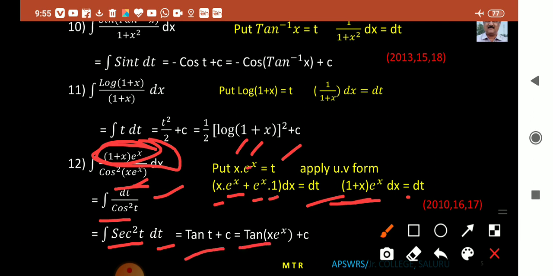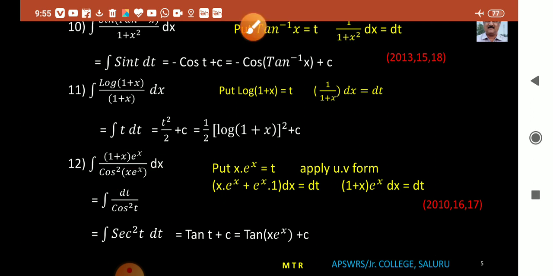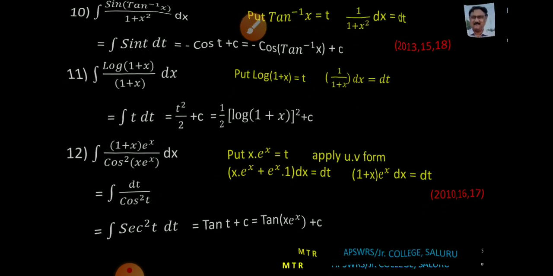Put t as x into e power x. Okay, so this is a most important problem in our IPE. Integral 1 plus x into e power x by cos square x e power x dx. For this, put x into e power x as t. Remember that. So the integration is tan of x e power x plus c. Okay.